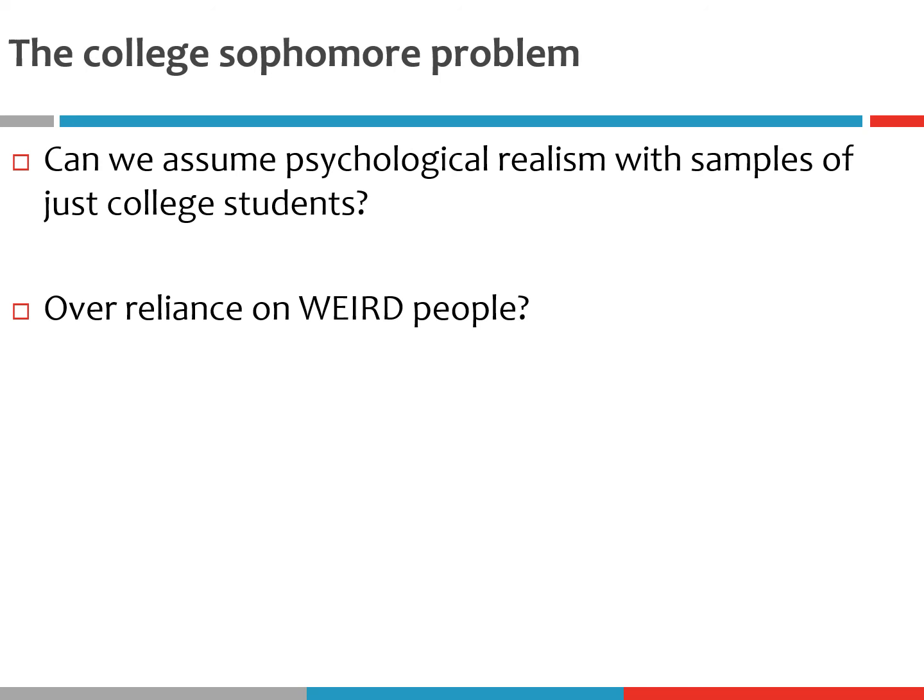But given what we know about how cognitive and motivational processes are not necessarily universal, right? Those psychological processes differ significantly across cultures, right? So for example, people from westernized cultures tend to overemphasize characteristics of the individual, whereas individuals from Eastern cultures tend to emphasize more characteristics of the situation, right?